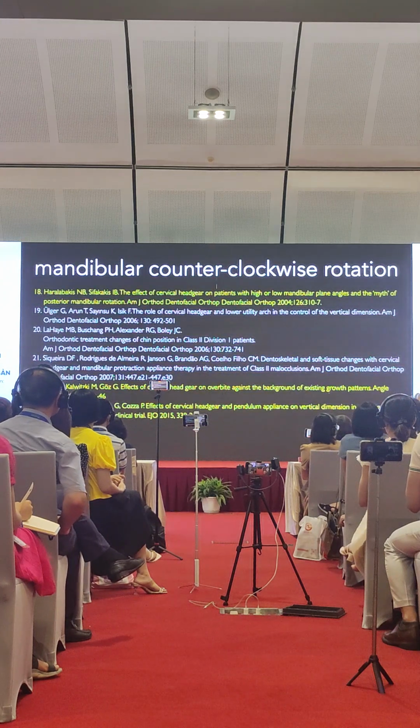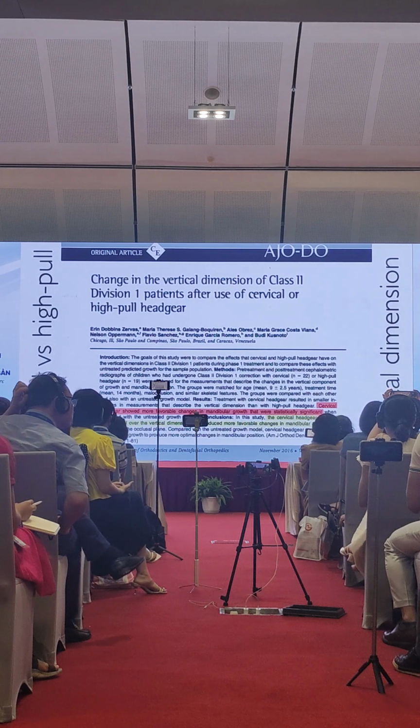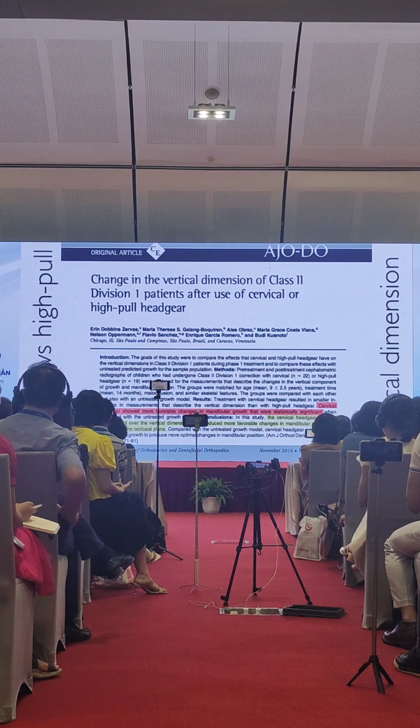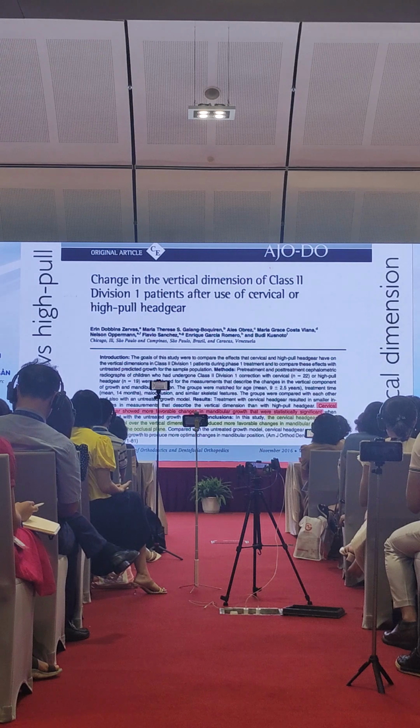And this is from the University of Illinois, published by Zerbas and Nelson, Opperman and Flavio Sanchez and Judy Guznodo, a friend of mine there, and he compared the cervical versus high-pull headgear, and the cervical headgear showed more control over the vertical dimension and produced more favorable change in mandibular rotation.